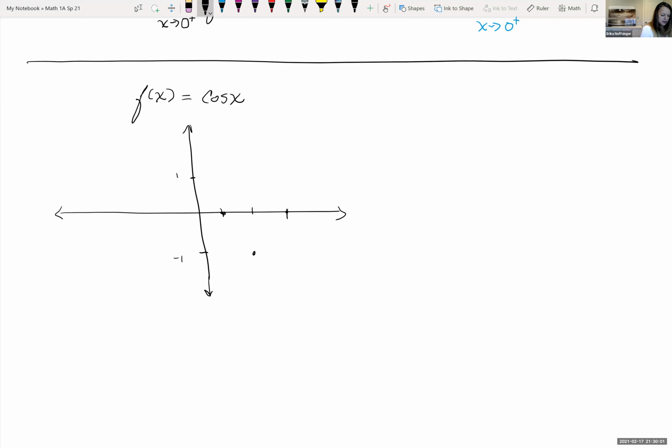And then at 2 pi, we hit 1. That was one period of the wave function. But this continues on forever, like this, and the same thing in this direction.